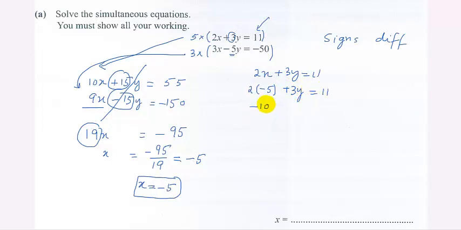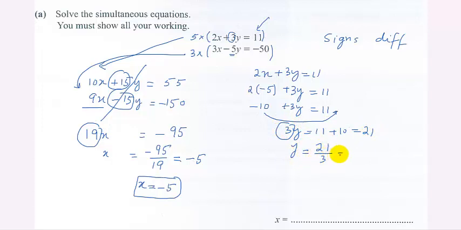It is minus 10 plus 3y is equal to 11. Bring this minus 10 over here, it will become plus 10. So 3y is equal to 11 plus 10, which is 21, and dividing by 3, 21 over 3 is 7. So y is 7.